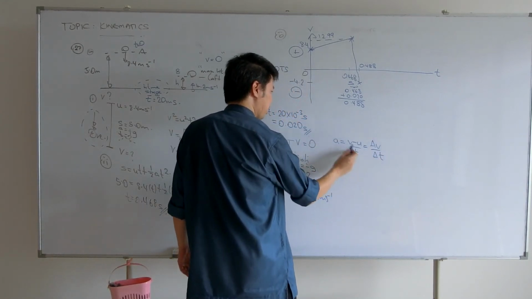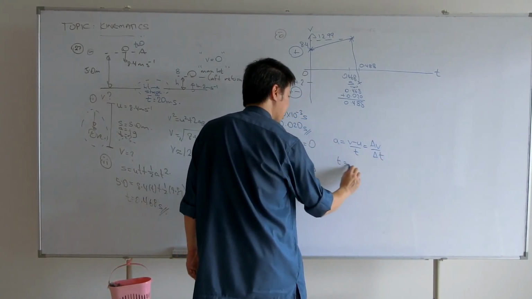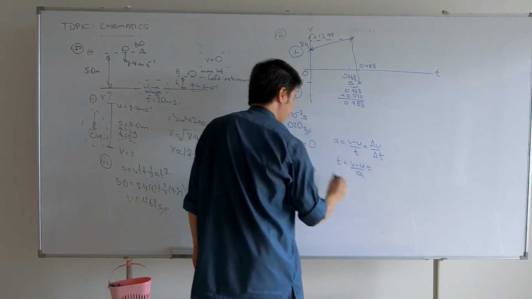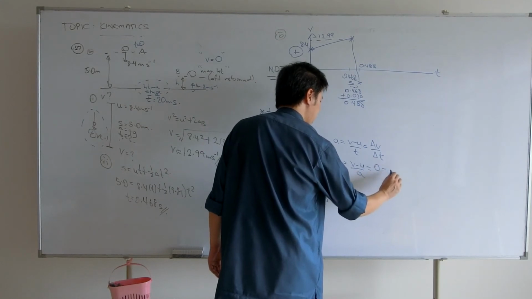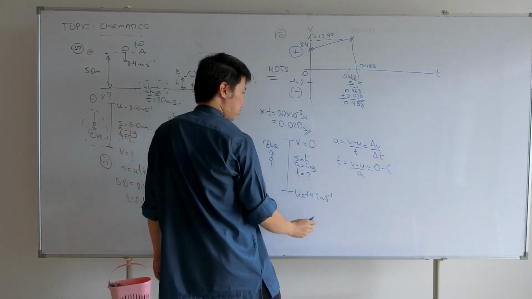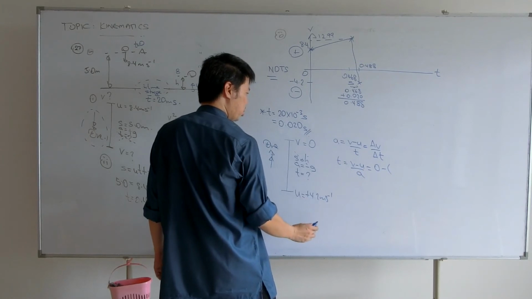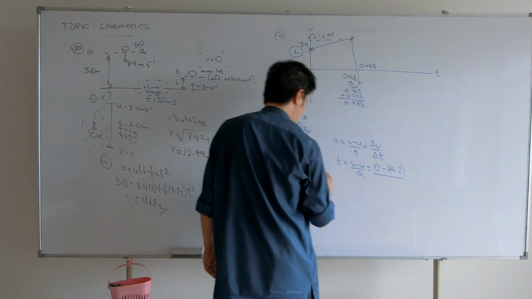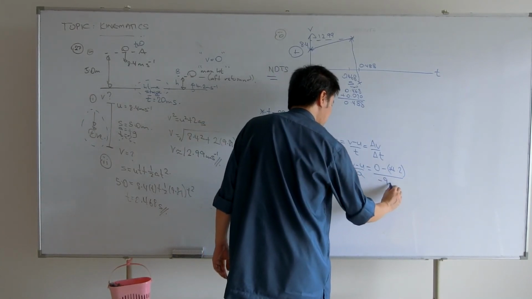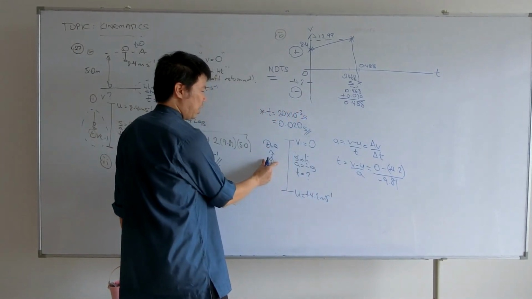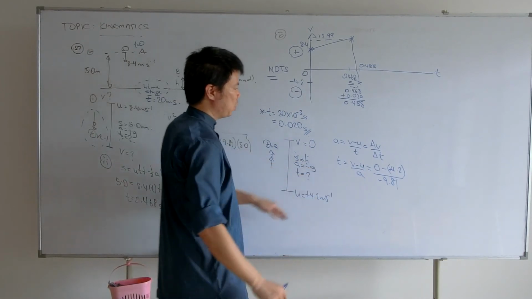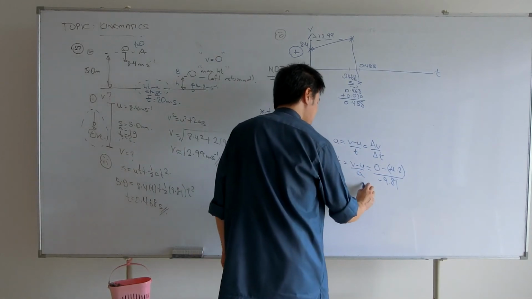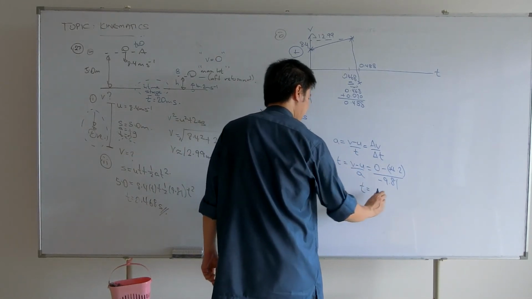We want to find time, so we interchange. t is equal to v minus u over a. v in this case is 0, minus u is positive 4.2, a is negative 9.81. Notice as long as your direction is correct, the values will give the correct sign. Therefore, your time is still positive.